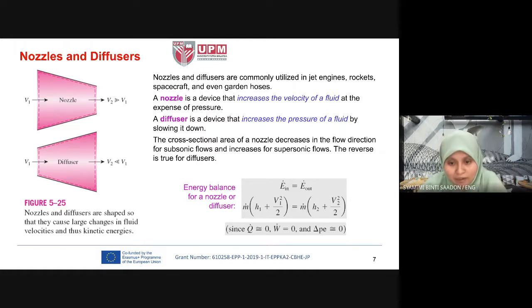So back to our energy balance, the main topic in this thermodynamics. How are we going to apply this energy balance for a nozzle or diffuser? The definition of energy balance is that the rate of energy at the inlet is equal to the rate of energy at the outlet.